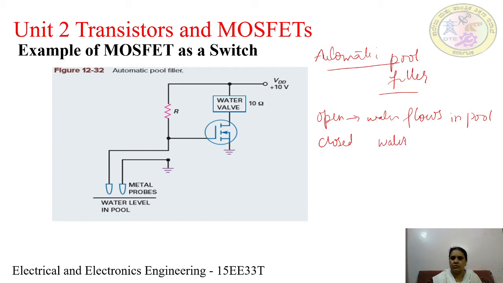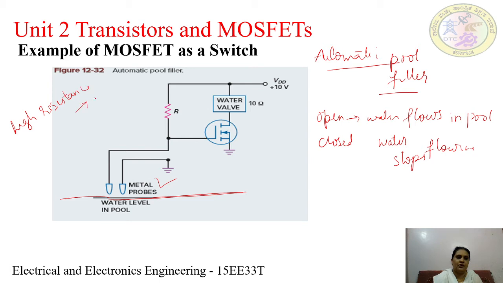So this is the pool. This is the level of the water right now. And these are the metal probes. See, they have not touched the level of the water. When they don't touch the water, they exhibit a high resistance, just like a sensor.